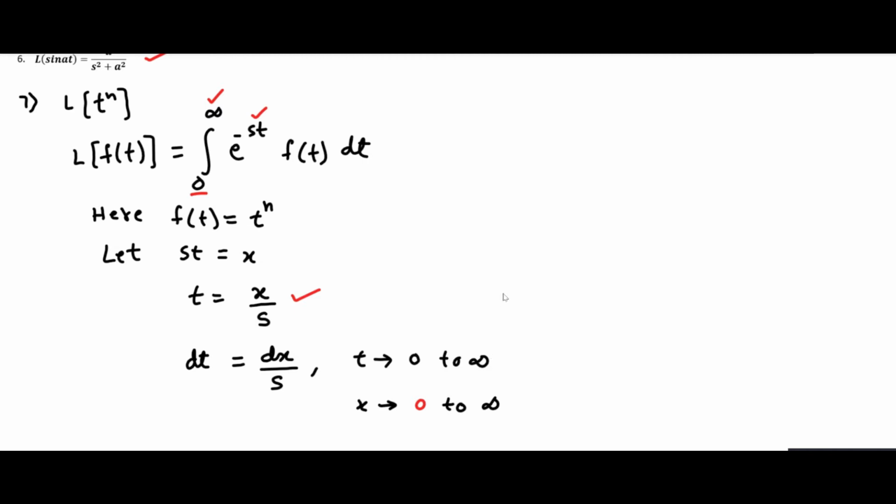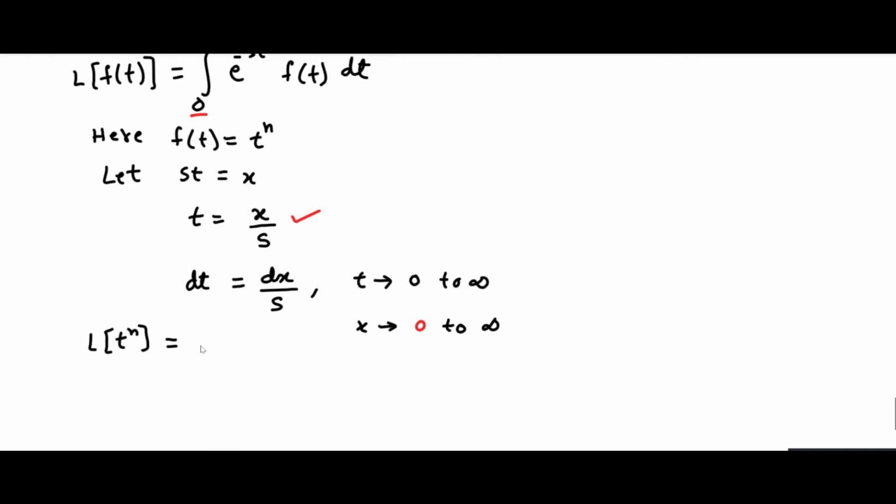So I can rewrite the Laplace transform of f of t, where I have taken f of t as t power of n, as the integral with x ranging from 0 to infinity of e power of minus st. But the value of st I have chosen is x, so replace st with x.